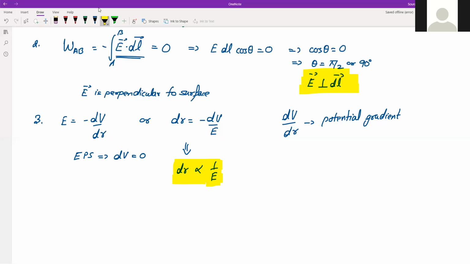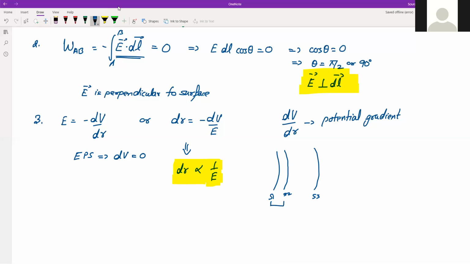That means the separation of equipotential surfaces will be smaller. So if there are two equipotential surfaces, say this is S1 and this is S2, and suppose this is another surface S3.